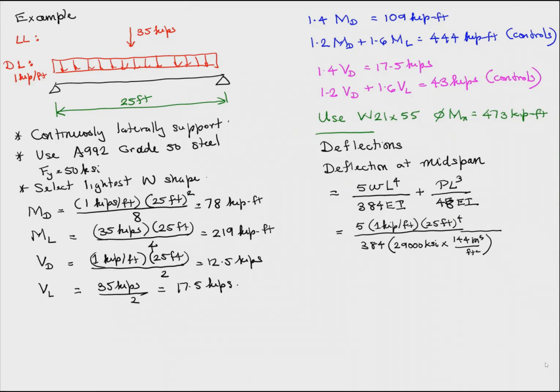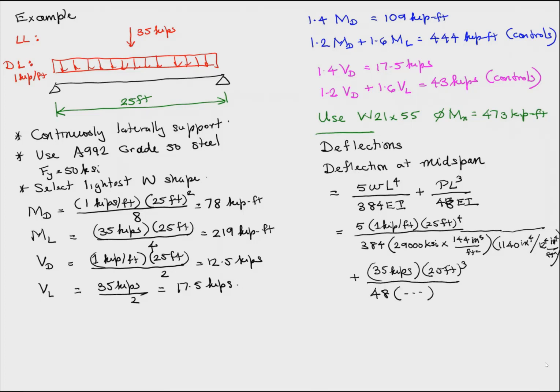So it's 1140 inches to the power of 4 divided by 12 to the power of 4 inches to the power of 4 over feet to the power of 4, plus 35 kips times 25 feet cubed divided by 48.